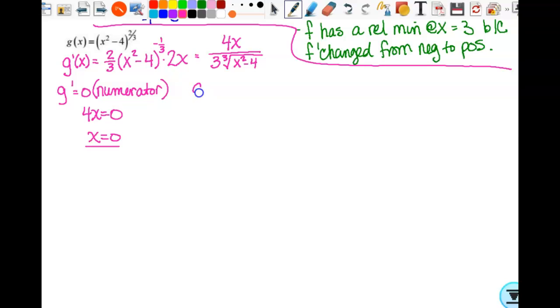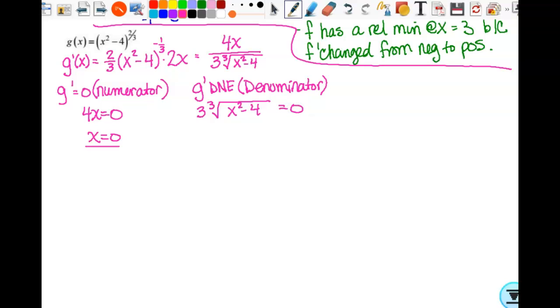For G prime to not exist, that comes from the zeros of the denominator. Think about your rational functions, right? Means I have vertical asymptotes there. And so really, when I factor, my denominator is going to be 3 times the cube root of x squared minus 4, if that equals 0.